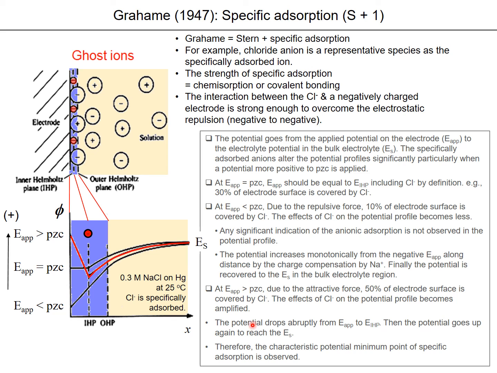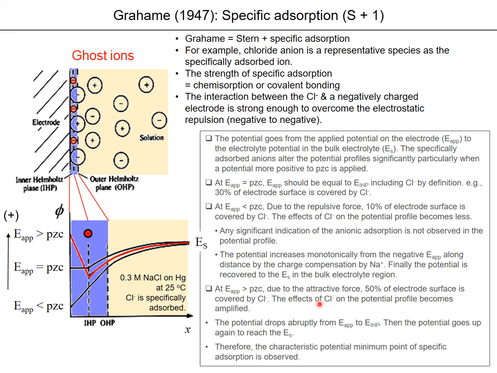And finally, let's go to the EF, which is more positive than the point of zero charge, so positive potential. Due to the attractive force between the positively electrified electrode and the chloride minus, 50% of electrode surface is covered by anions. This is the highest value of coverage by chloride minus ions when compared with the point of zero charge case, that is 30%, and the negative potential case, which was the 10%, right?